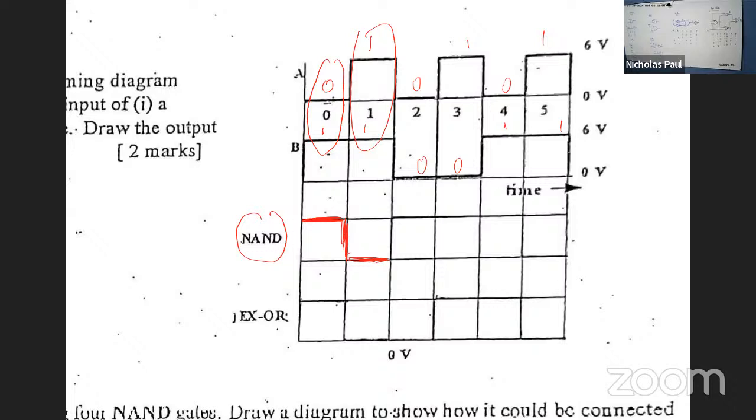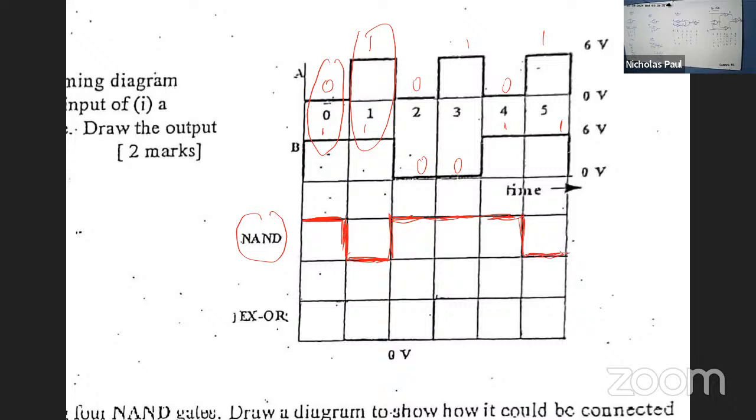Right, I do NOR, right? 0, 0 is high. 0, 1 is 0, and 1, 1 is coming back down, right?